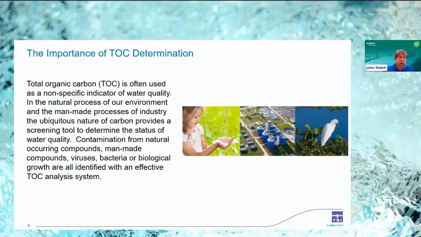Water treatment source water may have TOC levels in the 2 to 8 part per million range, and TOC discharge targets in the 1 to 2 ppm range or less. Municipal wastewater treatment plants may have TOC levels in the 100 to 200 ppm range, with discharge targets less than 10 ppm.